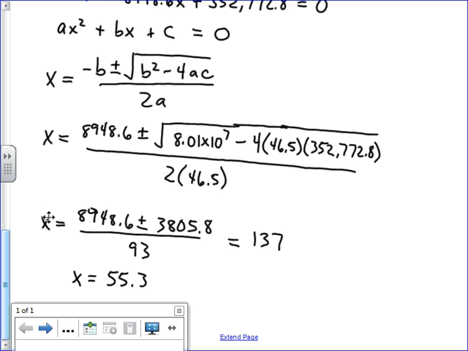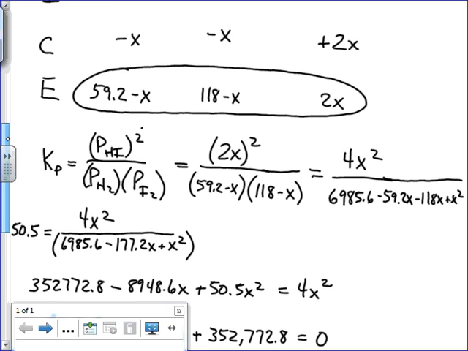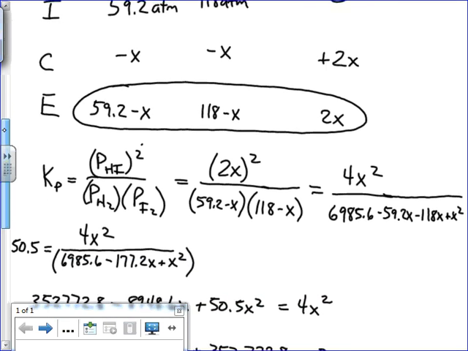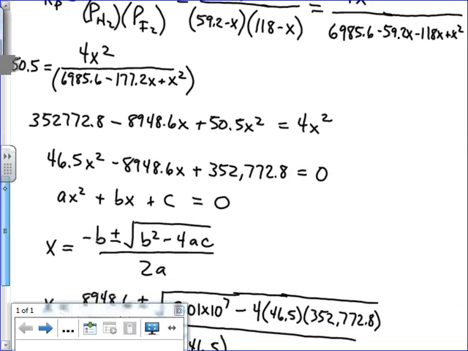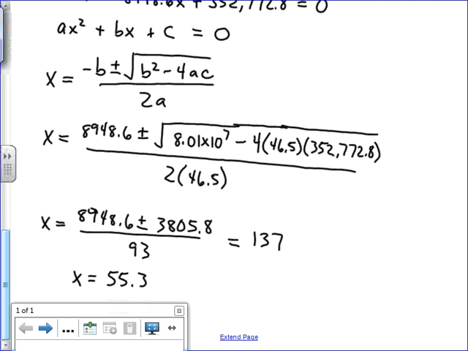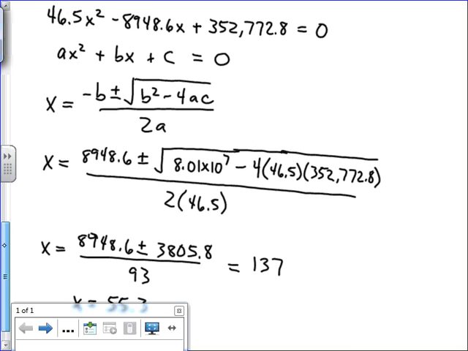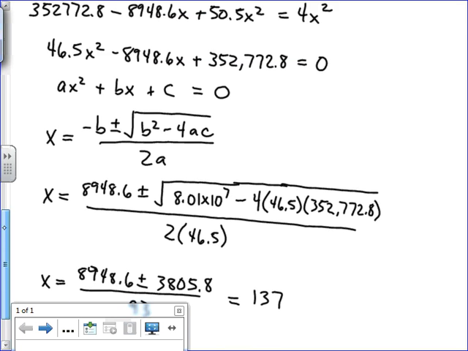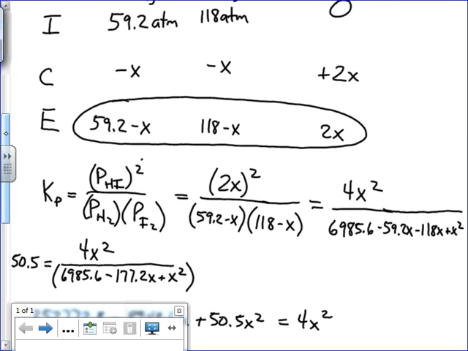Okay, so our initial, let's go back up here. Our initial pressures were 59.2 and 118. Our equilibrium constant is fairly large, which means there's going to be more of the product, most likely. Oh, and actually, that's not our entire solution here, because that's just our x. Remember, in our equilibrium, the pressure ends up being 2 times x.